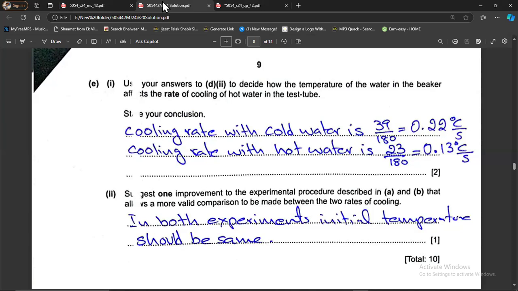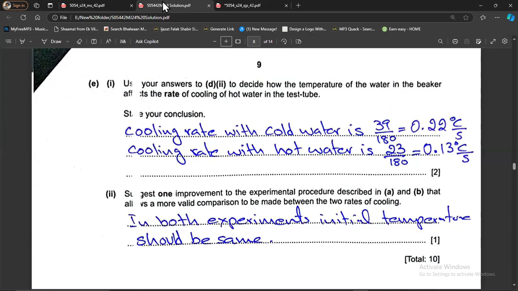So the rate of the cooling is 39 divided by 180, that is 0.22 degrees centigrade per second. And the cooling rate with the hot water around it is only 23 divided by 180, that is 0.13 degrees centigrade per second. So you see the temperature of the water in the beaker affects the cooling rate.